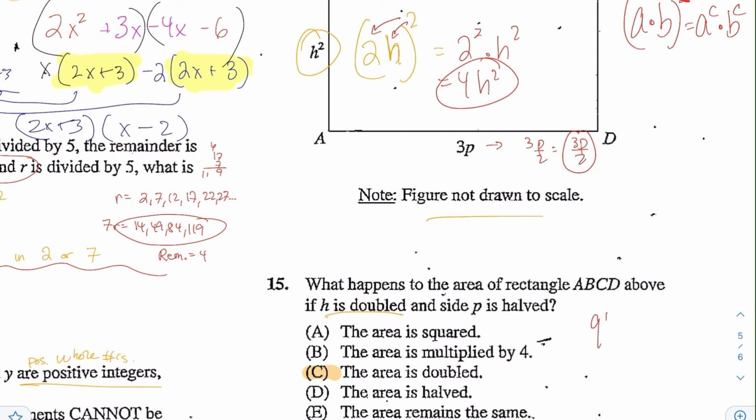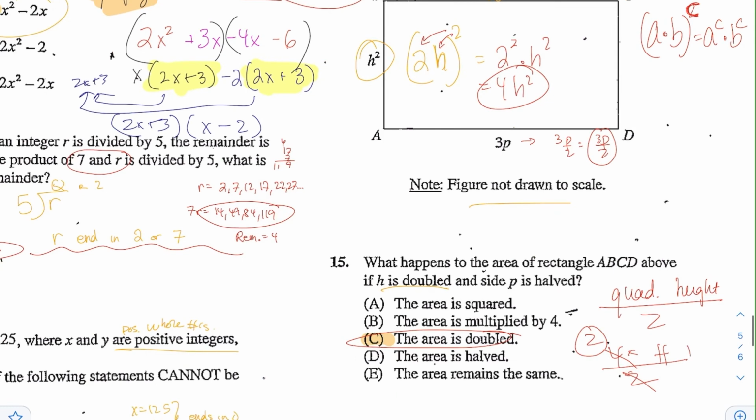So if you quadruple the height, but then you halve the length, a quadruple means times 4. So 4 times the height, and you have 1/2 the length. 4 and 2 cancel out, and you just have 2, which means that the area got doubled.